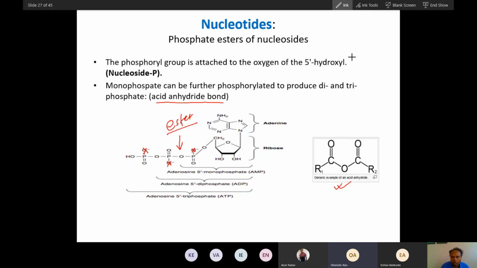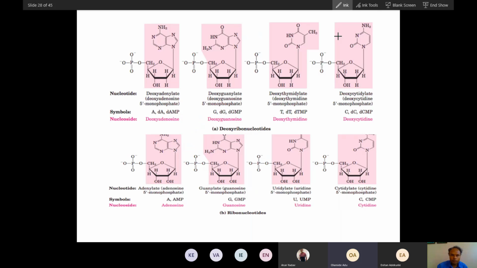It does. Okay, great. Now you can see the ester bond here, the phosphate bond here, the glycosidic bond, and the phosphate, sugar, and then base. So this is a nucleotide.